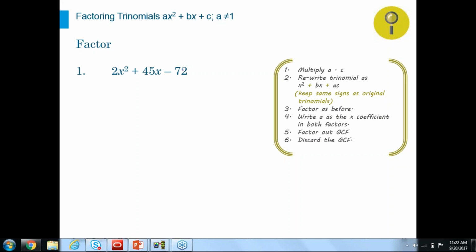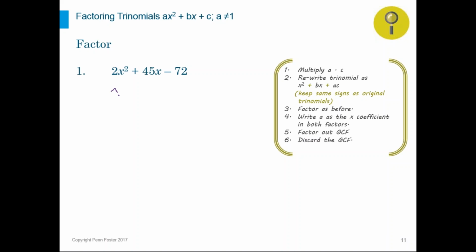So I'm going to rewrite the trinomial as x squared plus 45x minus 144. What I did in the first step is I just multiplied 2 times negative 72. So I just deleted the 2 in front of the x squared and put the product at the end as the new c in our trinomial.